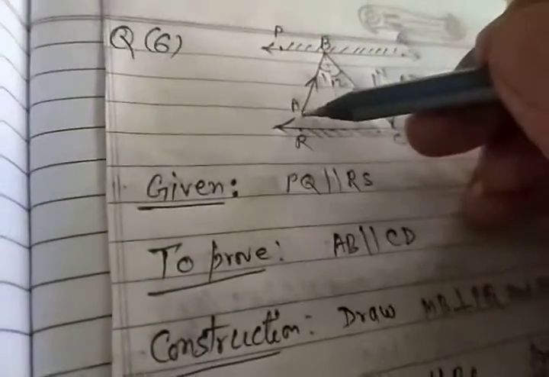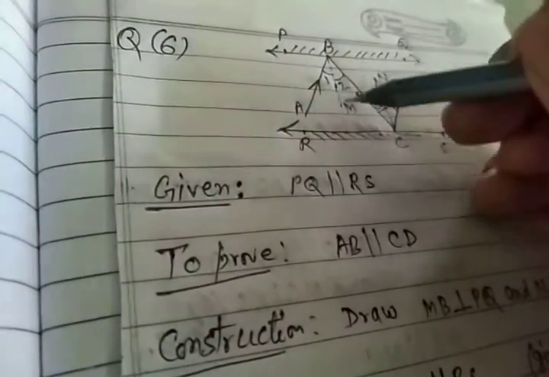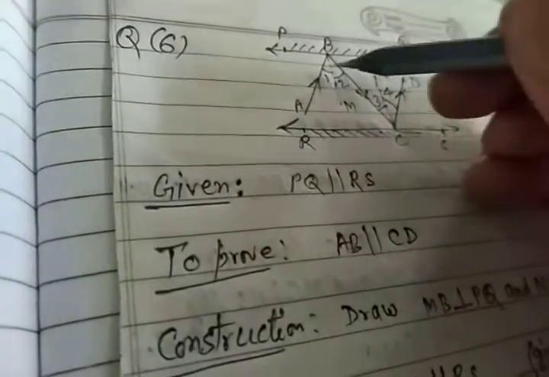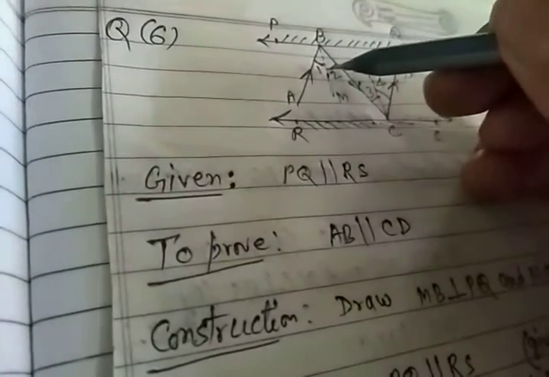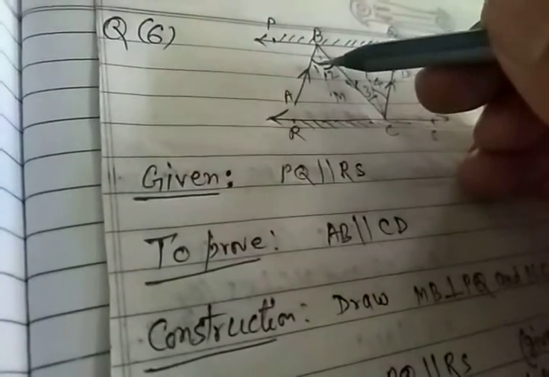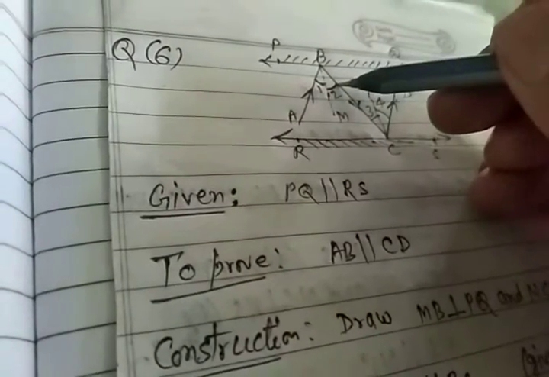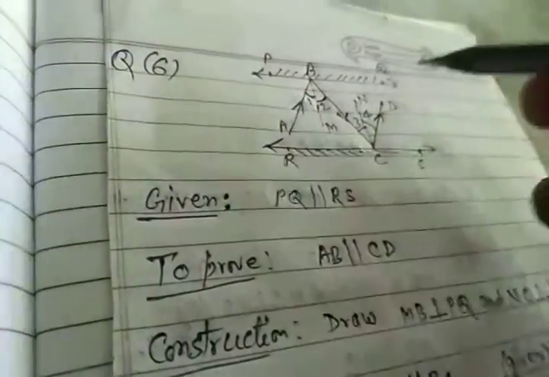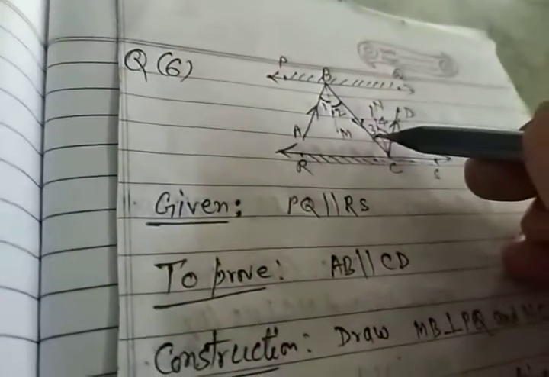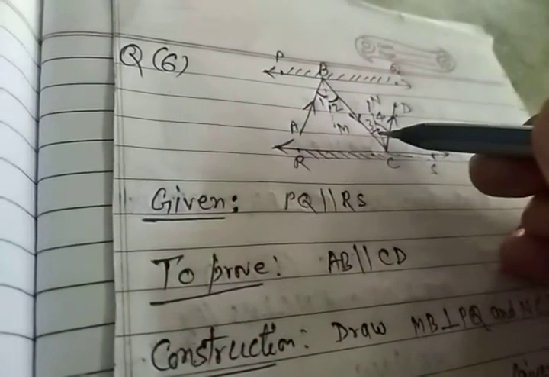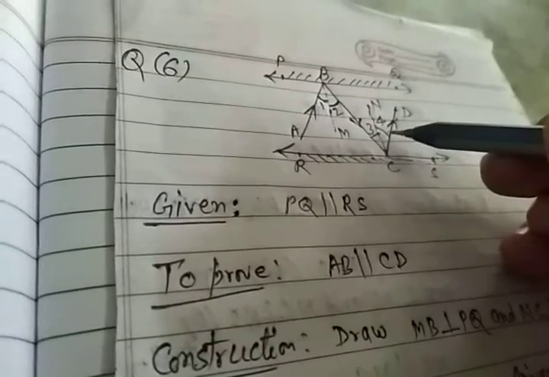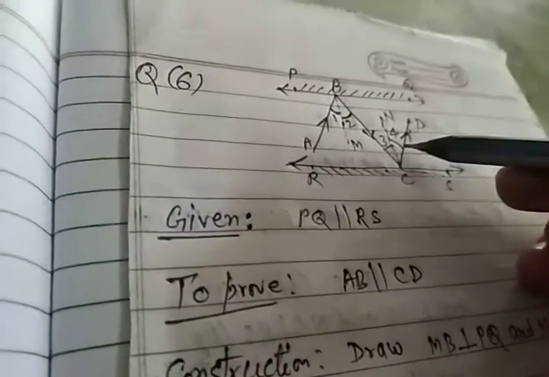See here, this is the ray of incidence, this is the normal, and this is the reflected ray. Then these angle 1 and angle 2 will be equal. This one is the angle of incidence, and this is the angle of reflection. In a similar way, angle 3 equals angle 4. Angle 3 is the angle of incidence and angle 4 is the angle of reflection.